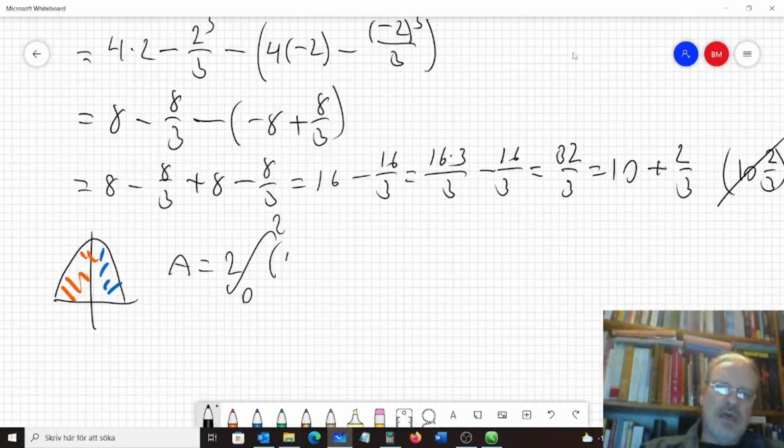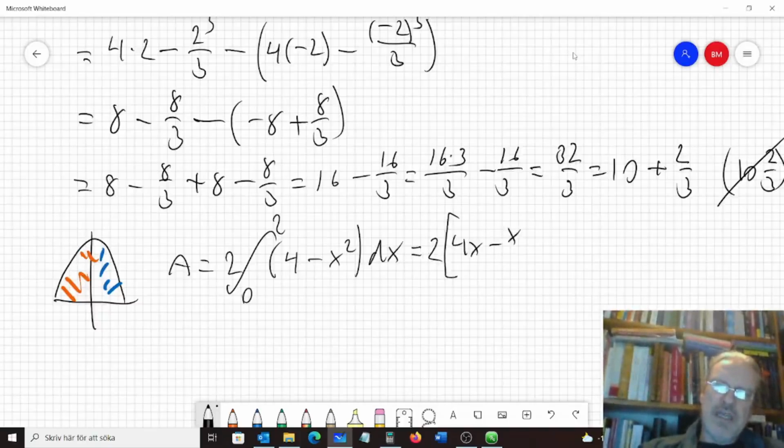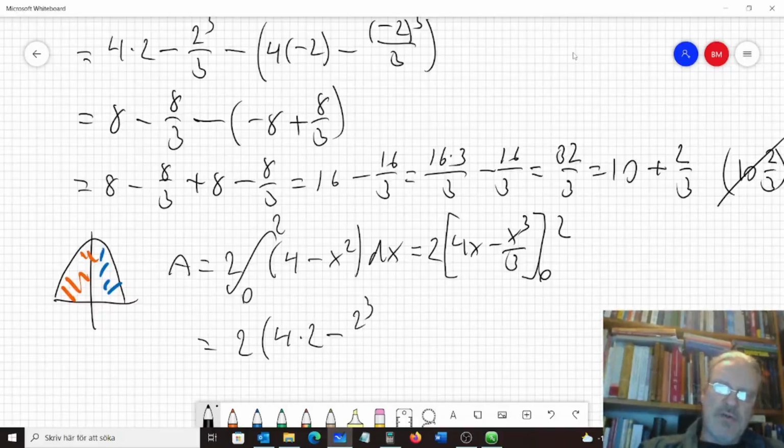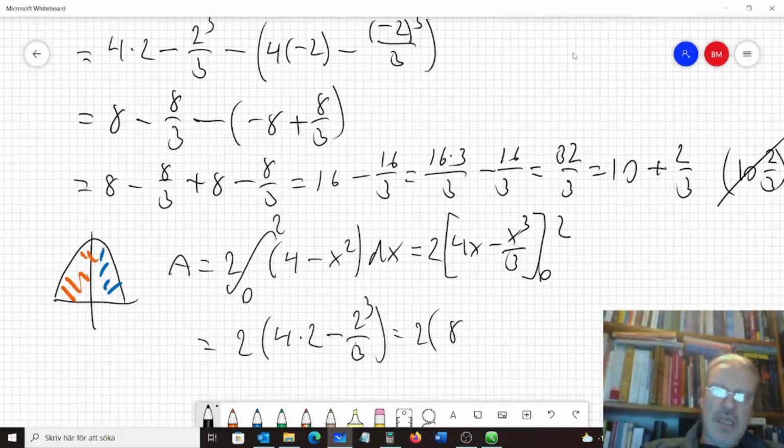So yet again, we had the integral of 4 minus x squared dx equals 2 times 4x minus x cubed over 3 from 0 to 2, equals 2 times 4 times 2 minus 2 to the power of 3 over 3, or 2 times 8 minus 8 thirds.